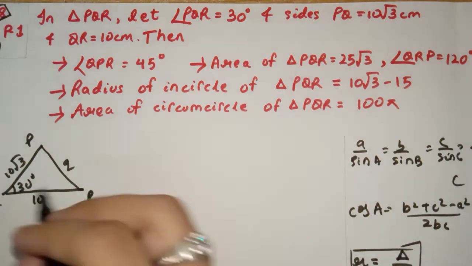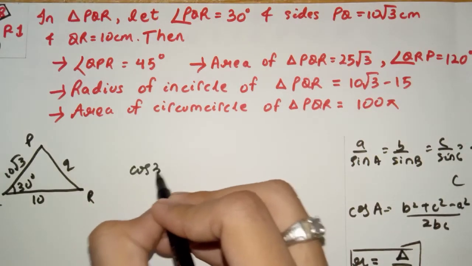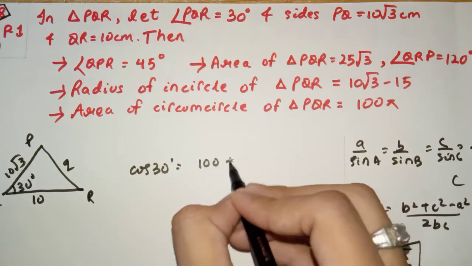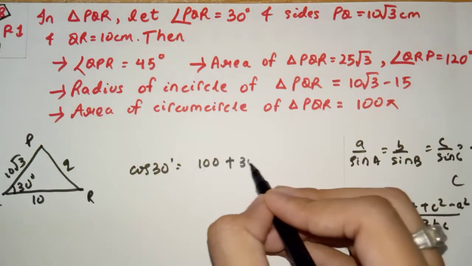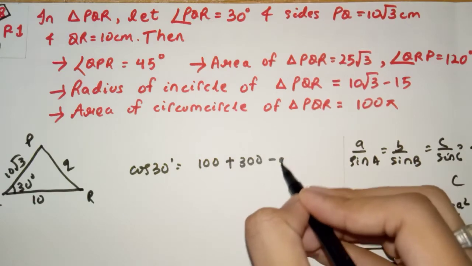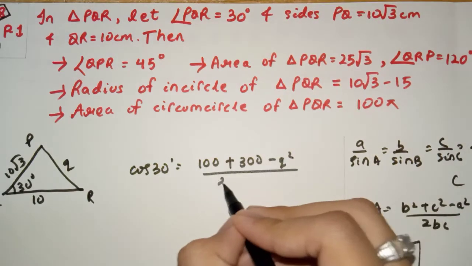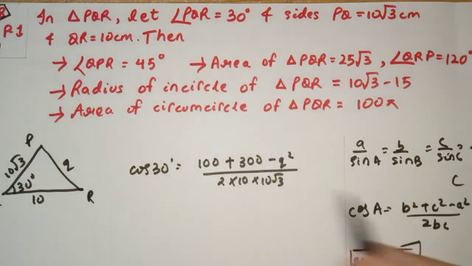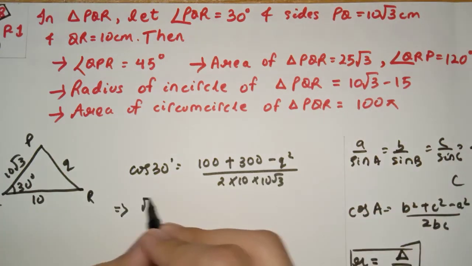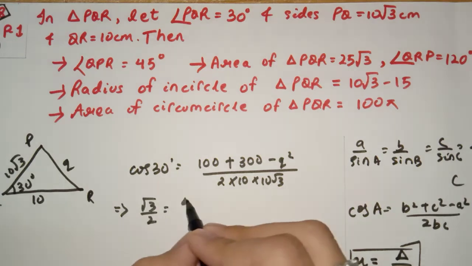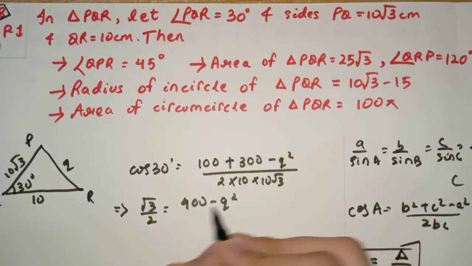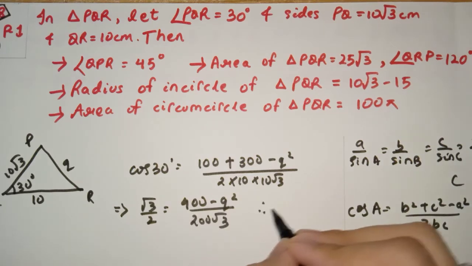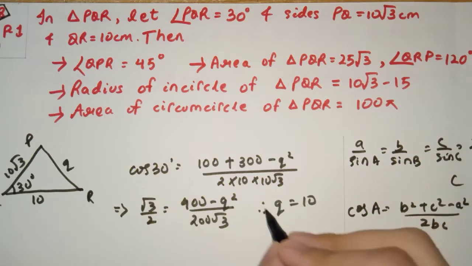By cosine formula, cos 30 degree is equal to 10 square, 100, plus 10 root 3 square, 300, minus q square by 2 into 10 into 10 root 3. Is it clear? So cos 30 is root 3 by 2 is equal to 400 minus q square by 200 root 3. Solving this, we get q is equal to 10.